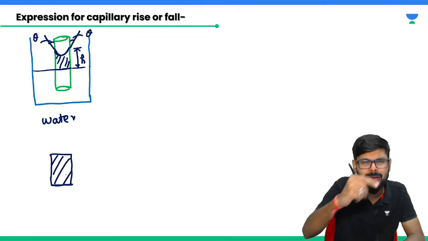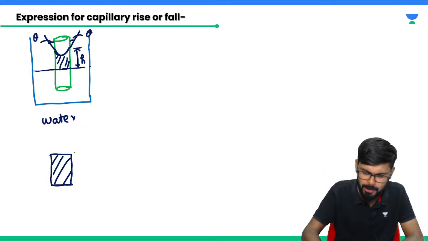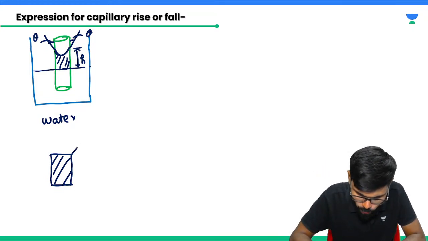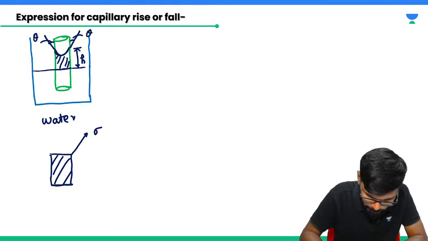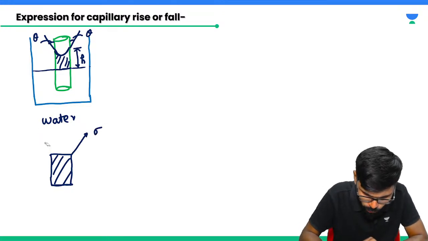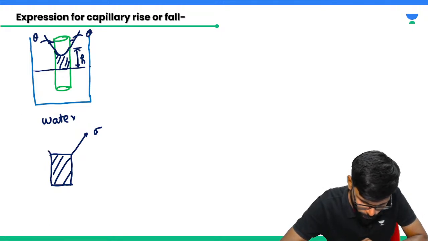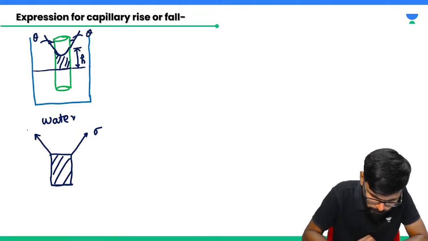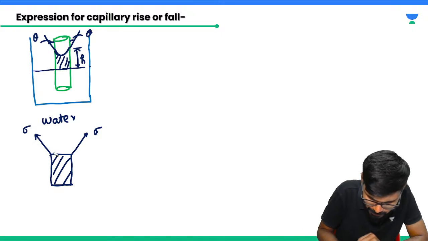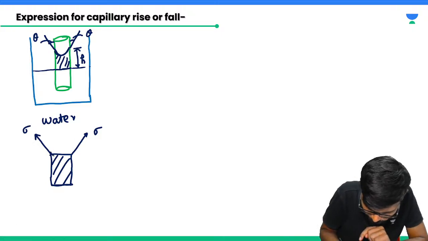I am not drawing the meniscus because it is not required; I know sigma is going to act like this. Otherwise you will get confused about how we are taking the area and volume. It is something like this only, right?